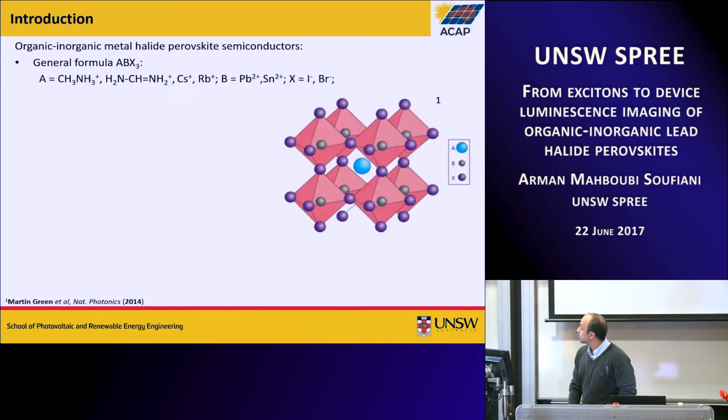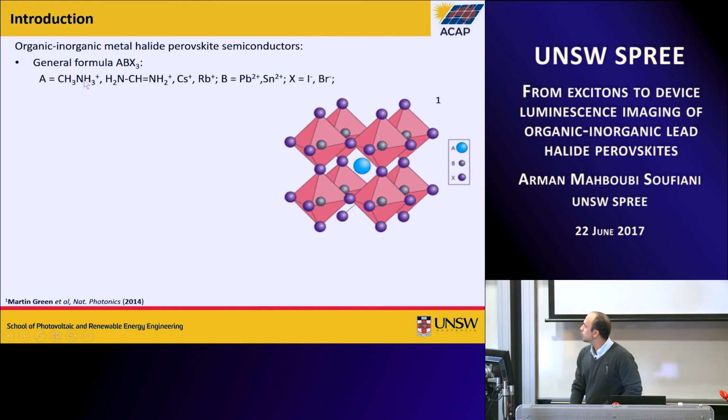Perovskites. Organic inorganic perovskites are crystallized from organic and inorganic salts into a perovskite structure. You can see a cubic structure here. The general formula is ABX3. A is usually a monovalent cation.